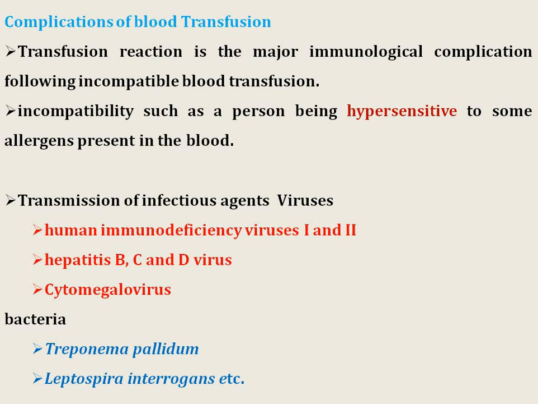These include viruses such as human immunodeficiency virus 1 and 2, hepatitis B virus, hepatitis C virus, hepatitis D virus, and cytomegalovirus. Some bacteria also, such as Treponema pallidum and Leptospira interrogans.